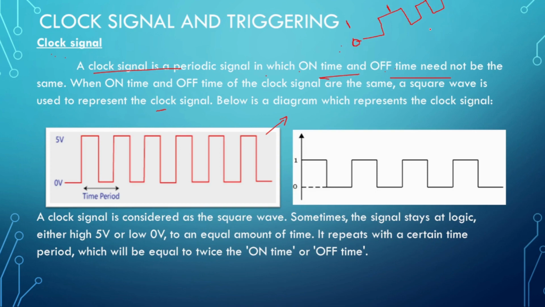If you are using the clock, there are many waves, like this wave which is called a sinusoidal wave, but in digital electronics you will study the square wave. I already represented this: this is the zero value, also called the low value, and this is the 1 value.